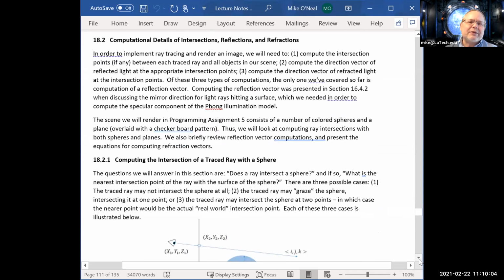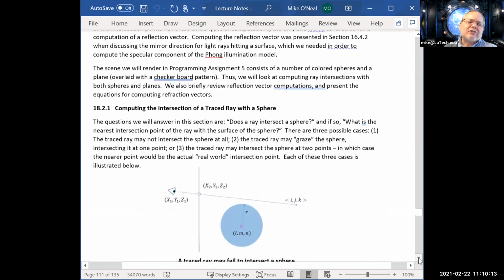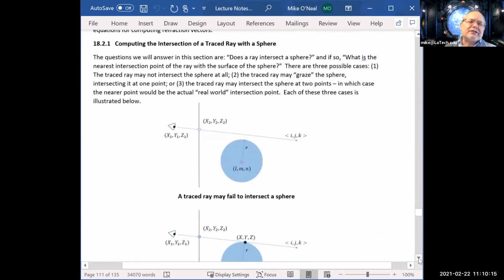So where we ended up last time is we were talking about the computational details of intersections, reflections, and refractions. And so the first thing we did was looking at intersecting a ray with a sphere. So basically what we do is we get an equation for this light ray.